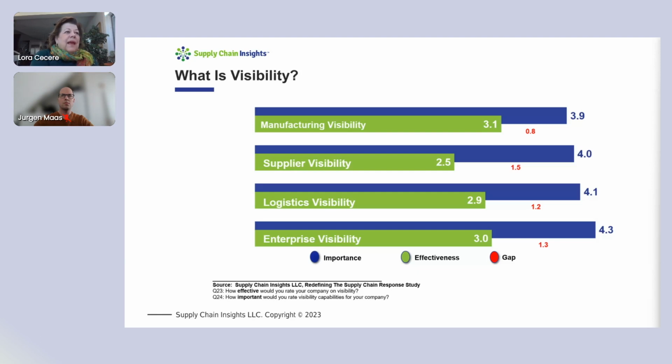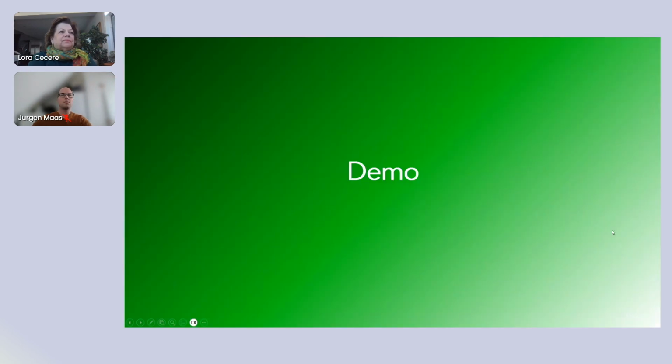The gap here can't really be solved by back office systems where the planning runs once a month, and there's a lack of scenario planning, and I can't get to the data. So I would encourage you to look at alternative tools to improve flexibility, to close the gap between the green, which is effectiveness, and the blue, what people desire, because people can't get to the data that they need. So Jurgen, I'll give it back to you.